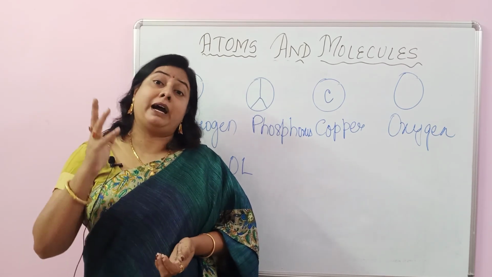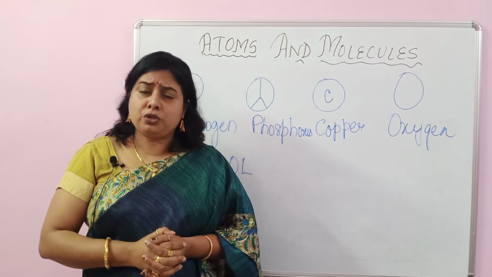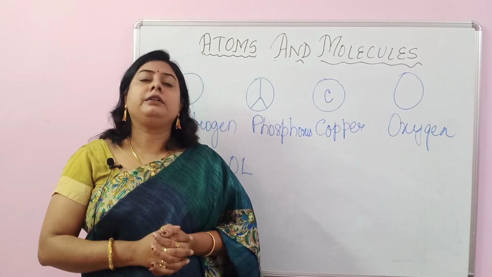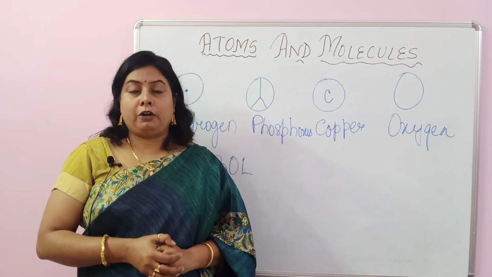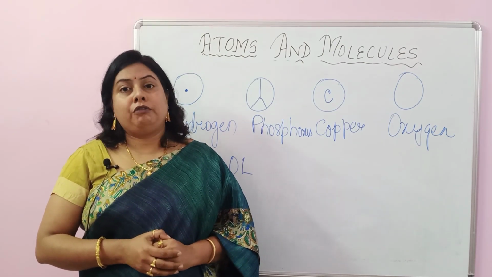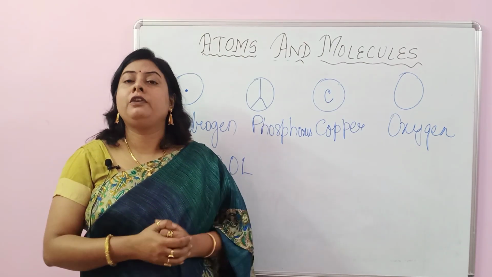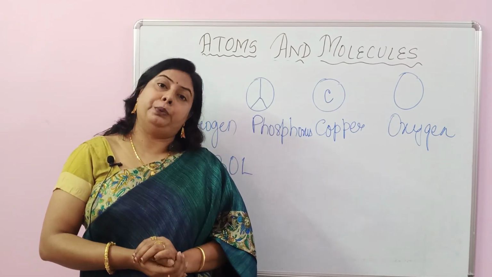That is 10 to the power of minus 9 meter. So how small that is. That cannot be seen by the naked eye. So you need a special type of microscope called a scanning tunneling microscope, which can take photographs of these atoms, and they need to be magnified to be viewed.